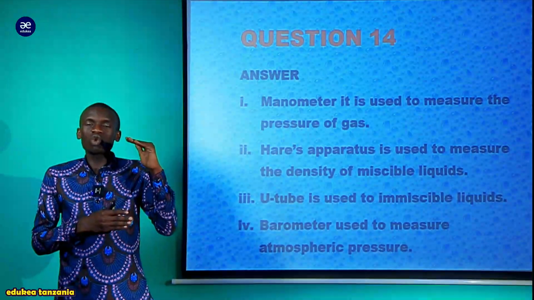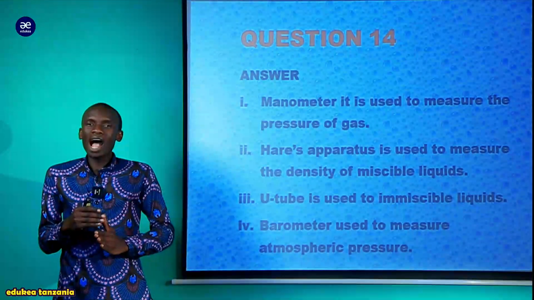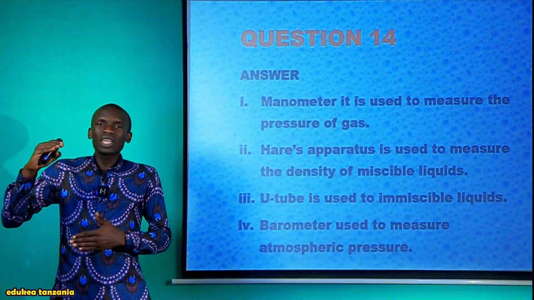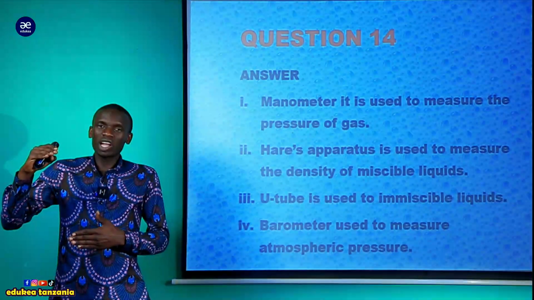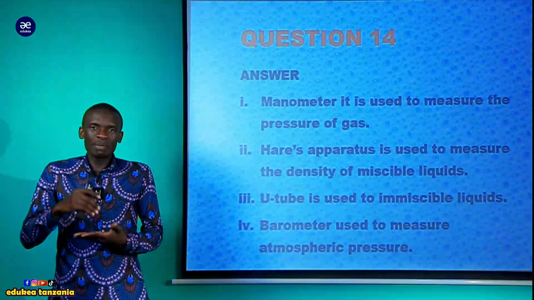Lakini kama pressure ya gesi ni kubwa kuliko atmospheric pressure, basi pressure ya gesi itapush mercury kidogo mpaka ikabalance pressure na atmosphere. Kuna kuta kwamba upande wa tube ambayo ilikuwa exposed nje inakuwa raised.